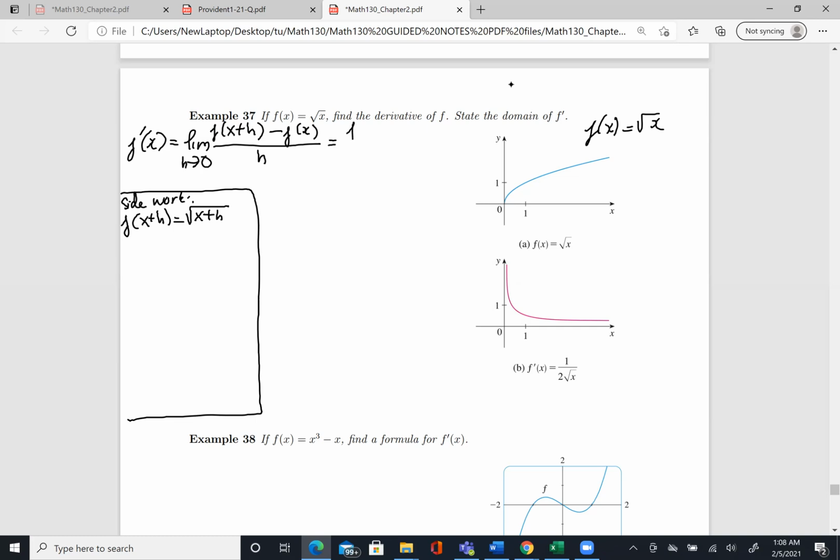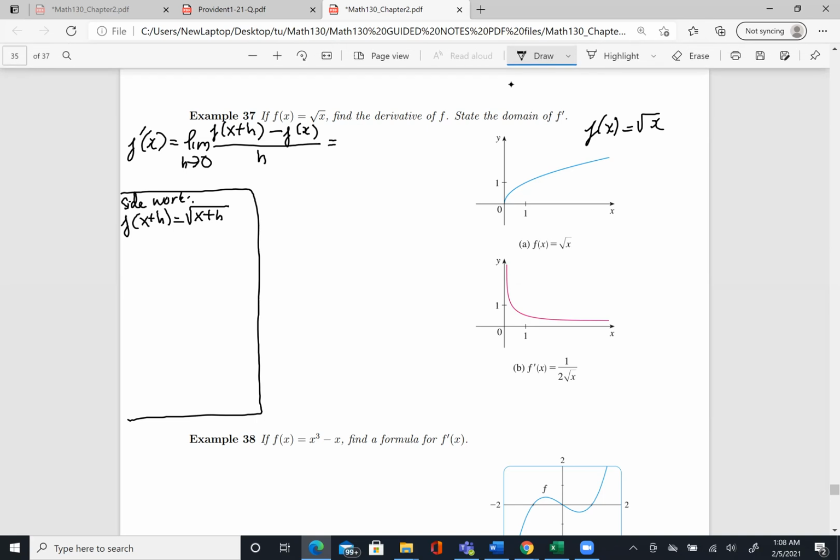So I have f of x plus h equal to square root of x plus h, minus f of x, which was given by square root of x, divided by h. Oh, I forgot the limit.